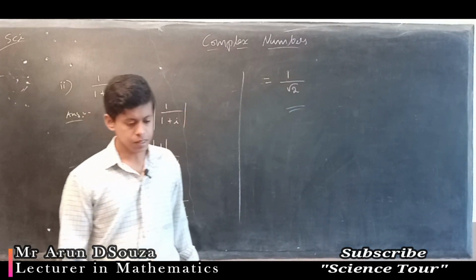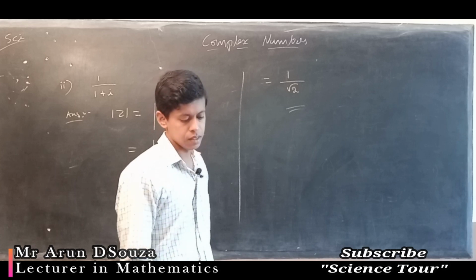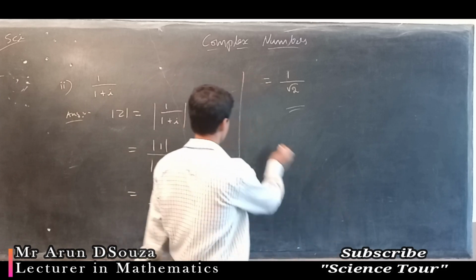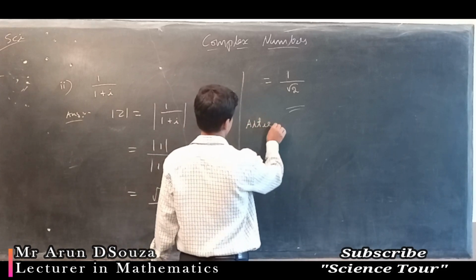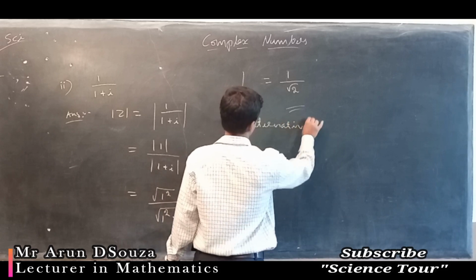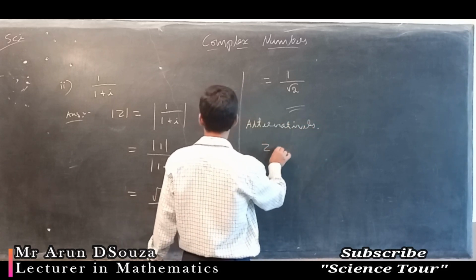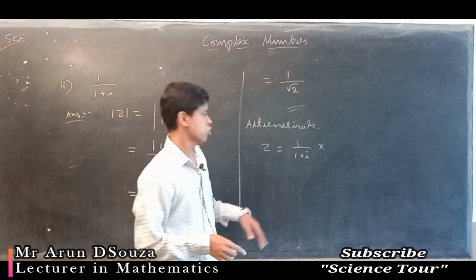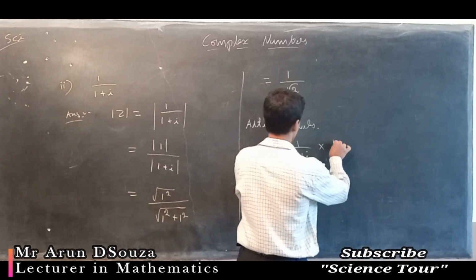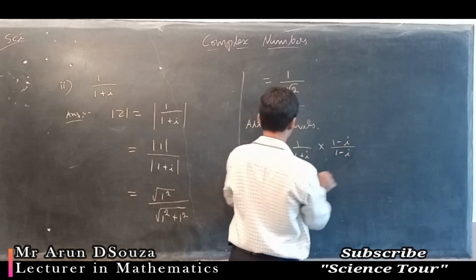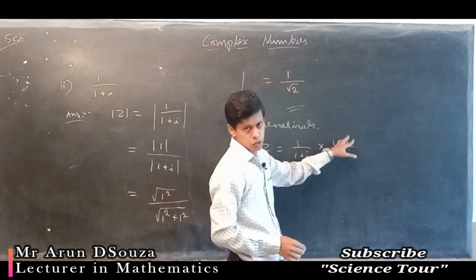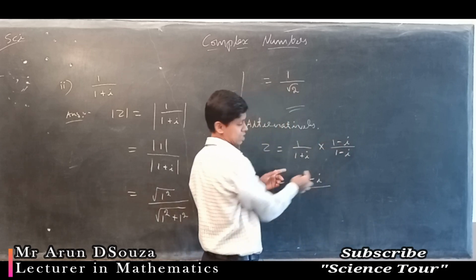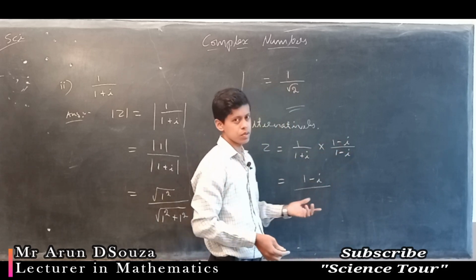Well, let us understand, do we get the same answer if we solve by the other method? Alternatively, you have z is equal to 1 by 1 plus i. So rationalize, multiply and divide by the conjugate. What do we multiply by here? 1 minus i divided by 1 minus i. Numerator is 1 into 1 minus i, and the denominator is a plus b into a minus b type, a square minus b square.